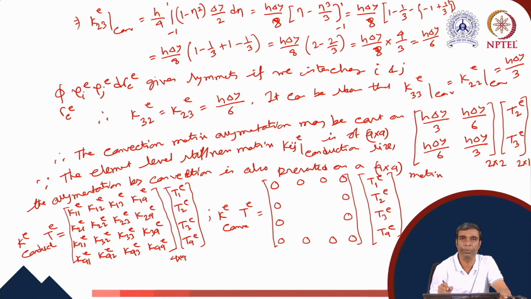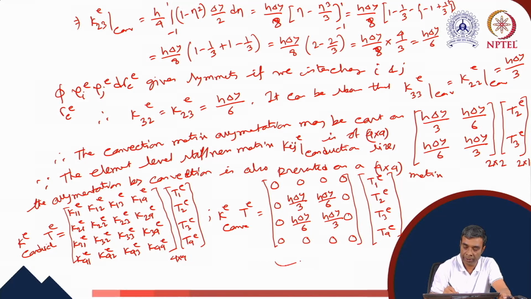So this K22 term which we have calculated came as H delta Y by 3, K23 was H delta Y by 6, K32 was H delta Y by 6 and similarly K33 was H delta Y by 3.